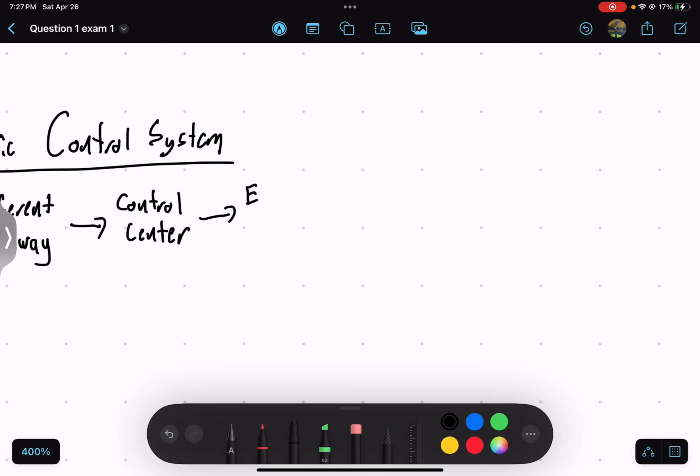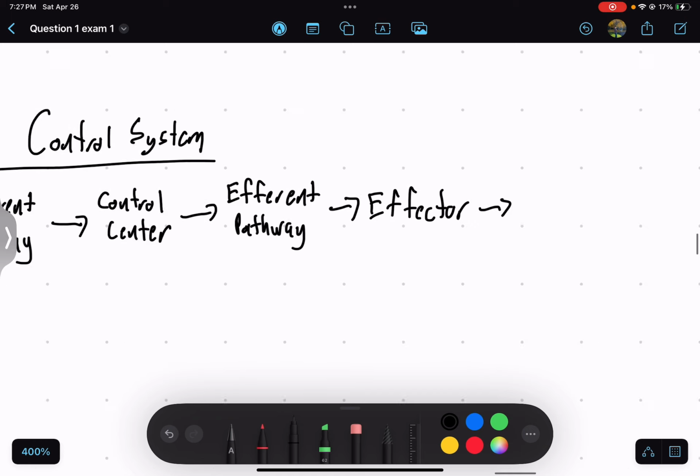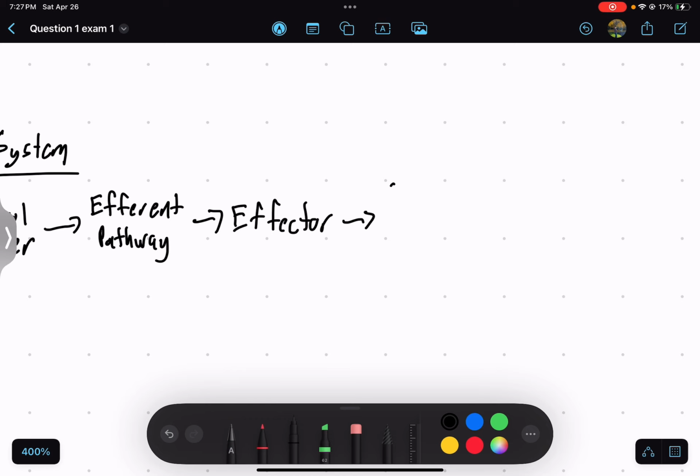So it will then send a signal through the efferent pathway to an effector, which will cause a change in the variable back towards set point.